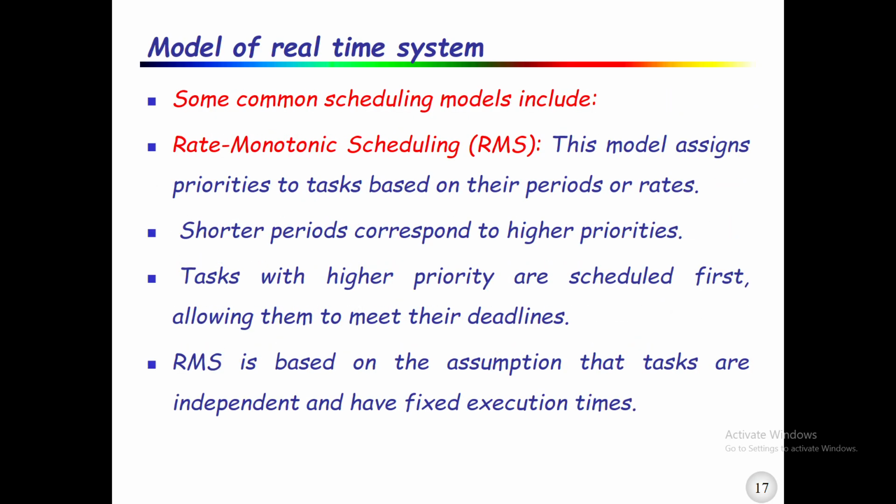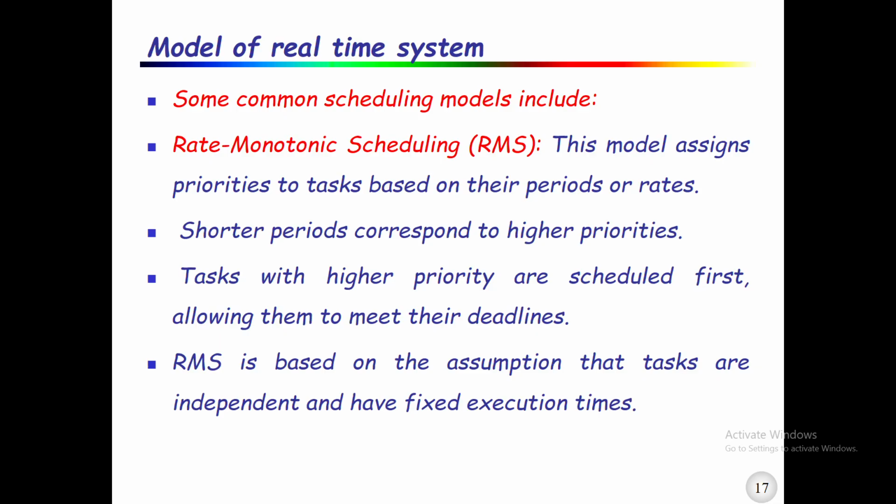Some of the common scheduling models, while implementing these real-time systems: there should be ways through which the systems respond to certain situations, and the way they provide priorities to different tasks. The first is rate monotonic scheduling.